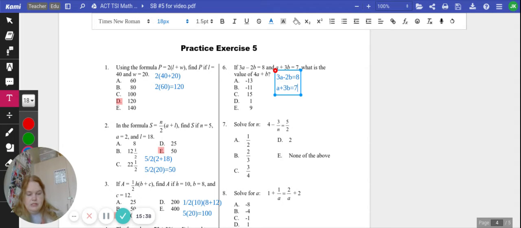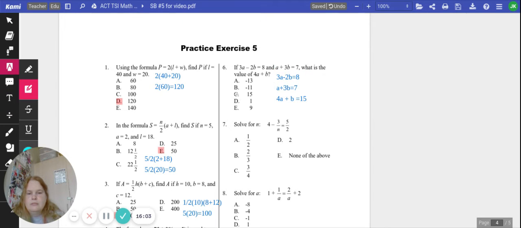And I'm going to add these two equations together. 3a plus a is 4a. Negative 2b plus 3b is plus b. And 8 plus 7 is 15. So I added the columns, the a's, the b's, and the numbers. And it says 4a plus b is 15. And look what it asks: what is the value of 4a plus b? Well, we just said it's 15. Look at that. So easy.